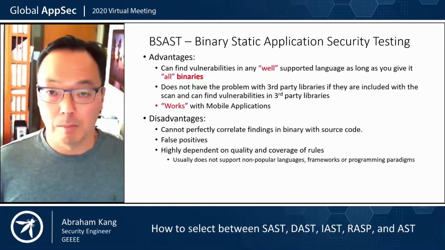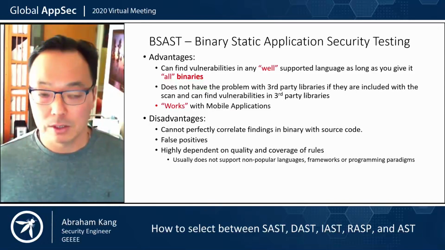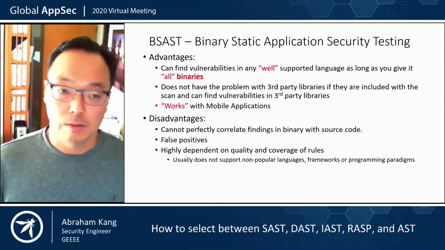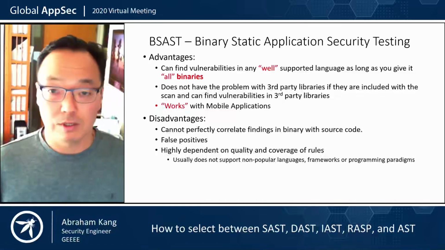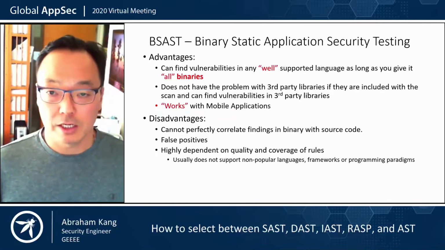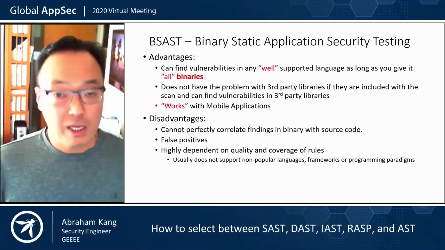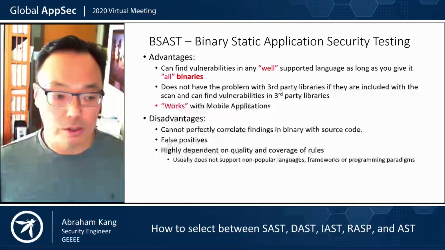So now if we look at binary static analysis, what we're doing is scanning the binaries. And it's going to do well for supported languages as long as you give it all the binaries. The one advantage of binary static analysis is that it's going to find the vulnerabilities in your third-party libraries. And it works with mobile applications.